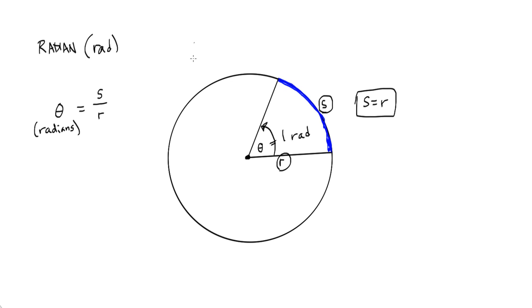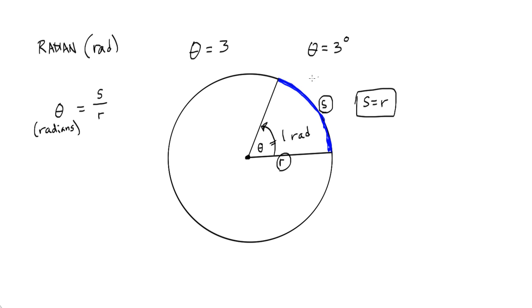So if I were to say an angle has a measurement of 3, you can assume from here on in that that's 3 radians. If I meant degrees, I would write 3 degrees. I would use the degree symbol. So if you see an angle measurement without a degree symbol, you can assume that we're talking about radians.